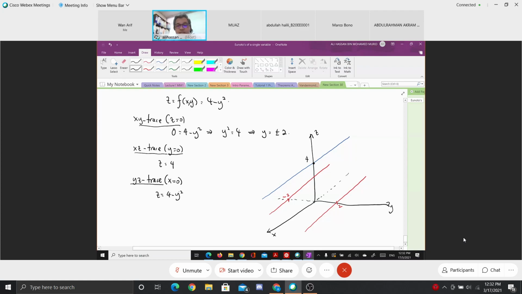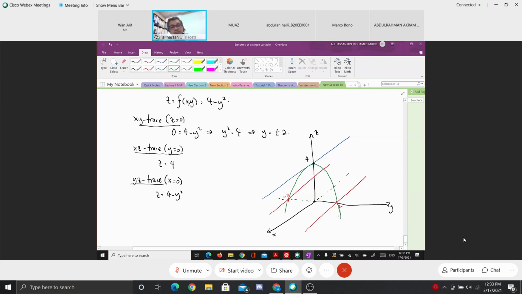So the surface intersects the yz plane in this parabolic curve, z equal to 4 minus y squared. So what is the shape? When y is 0, z equal to 4. When z is 0, y is plus or minus 2. It's a parabola. So it is this shape here. It extends downward.